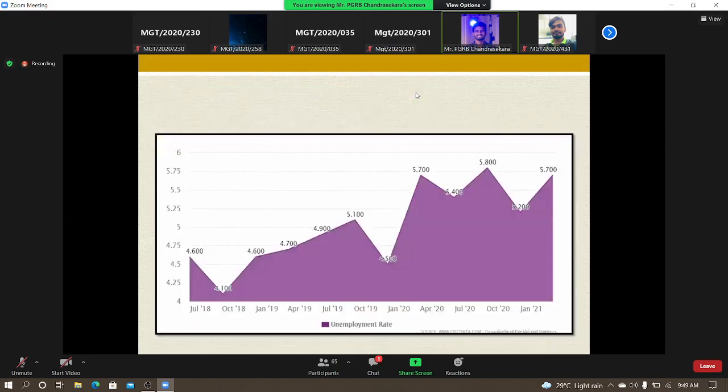Normally in December 2019 it was around 4.9, 4.5, likewise, around 5%.